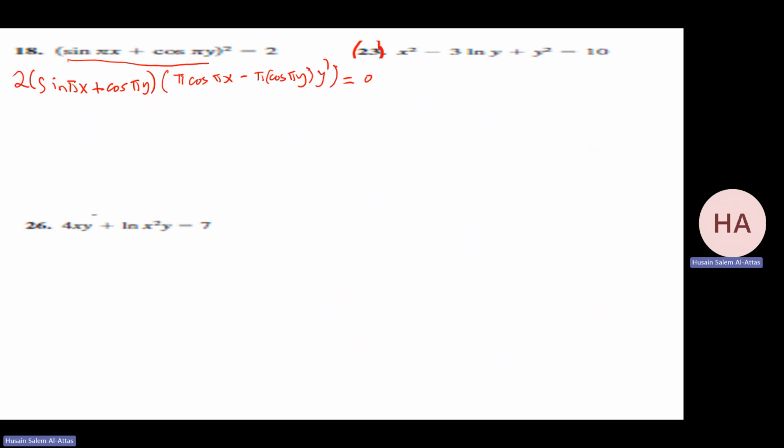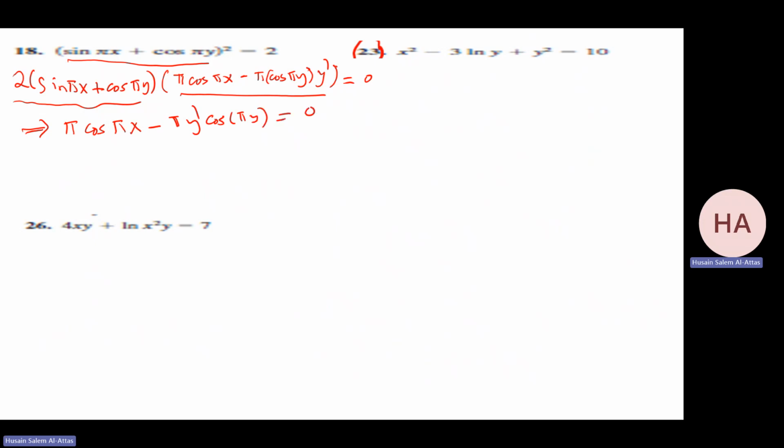Now let me simplify it. That means what? This has no y prime, so I just need this. That implies pi cosine pi x minus pi y prime cosine pi y is equal to 0.